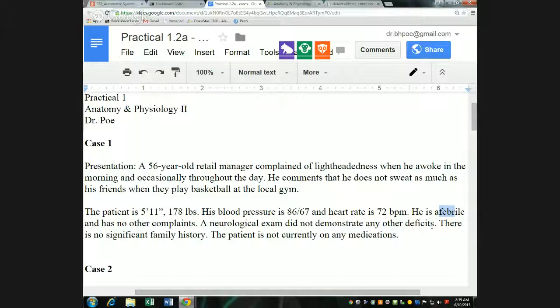Now, there's actually a couple of ways to say this in a case, and the other ways I might have said it would have been a little bit more common language, but it would mean the same thing. What's another way to say that and mean the same thing without saying this word afebrile or the translation of that, which would be without fever? Okay. It's another way of getting the same information across.